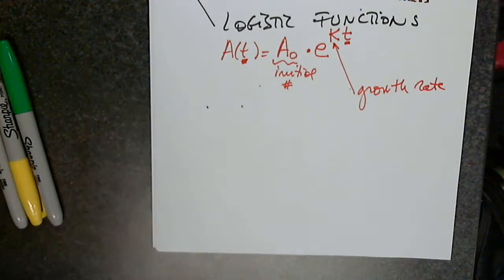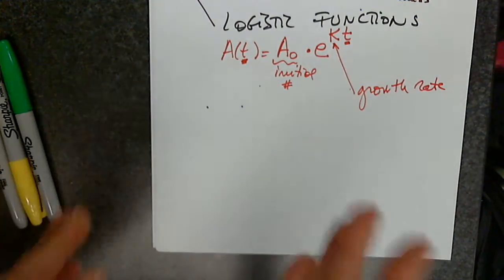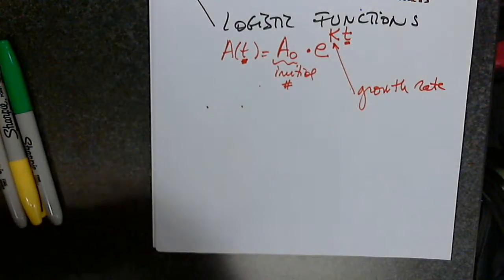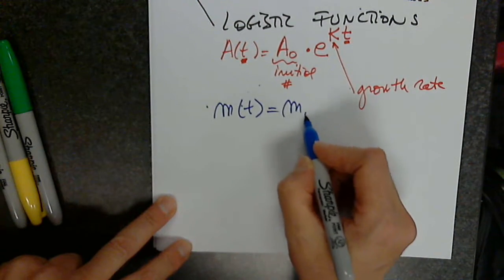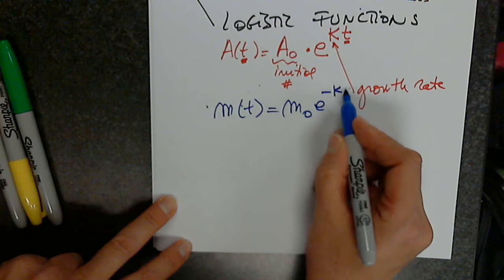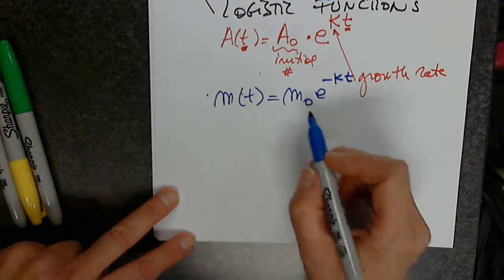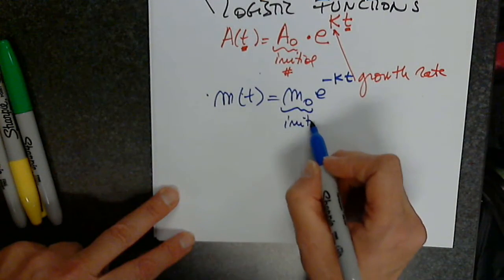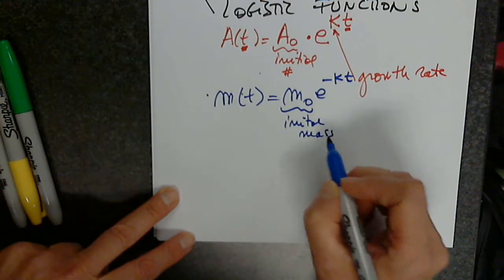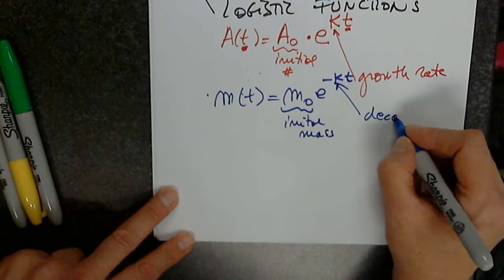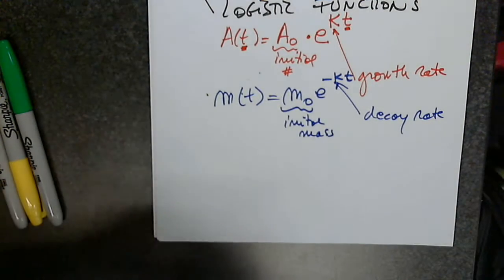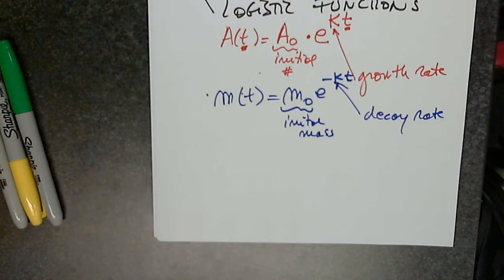Now, in the exponential decay, everything is the same. You will recognize it in a blink. M of t equals m0 e to negative kt. Of course, this is the initial mass, and k is the decay rate. T is the same, a function of time only.